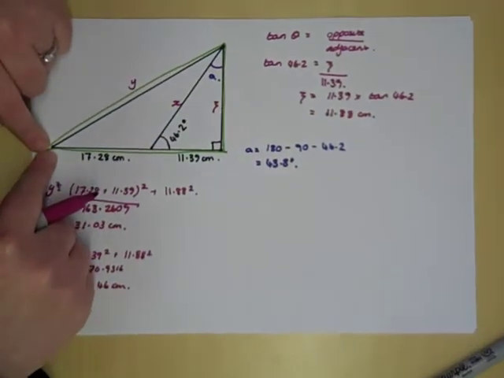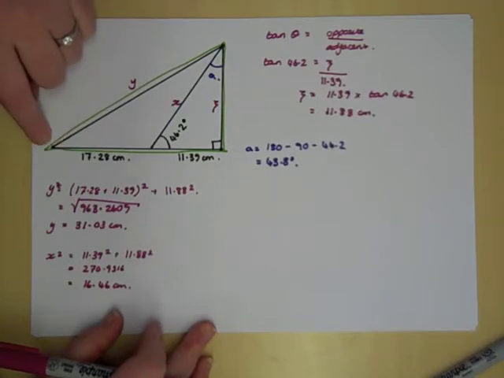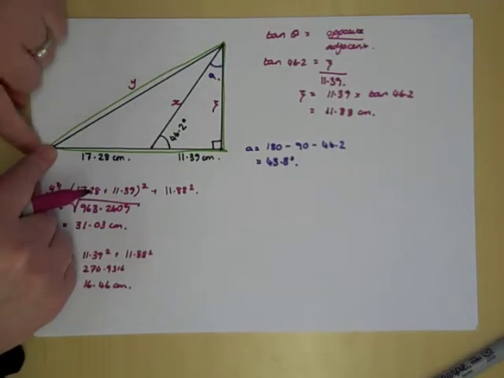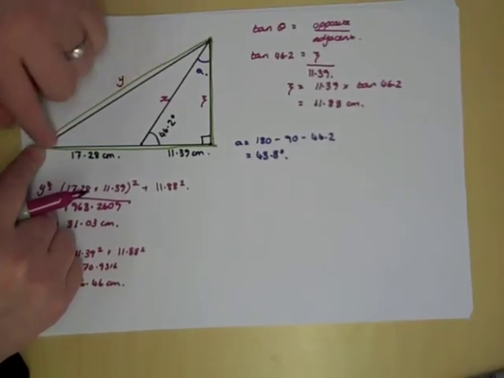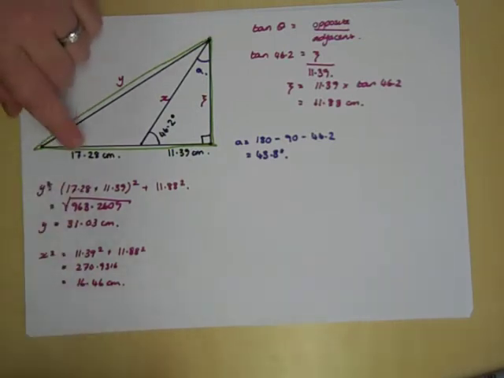I know all my lengths in this now, and I just need to work out my angles. If I know all these sides of this triangle, I can work out the angles very simply. So I'm going to work out this angle here.